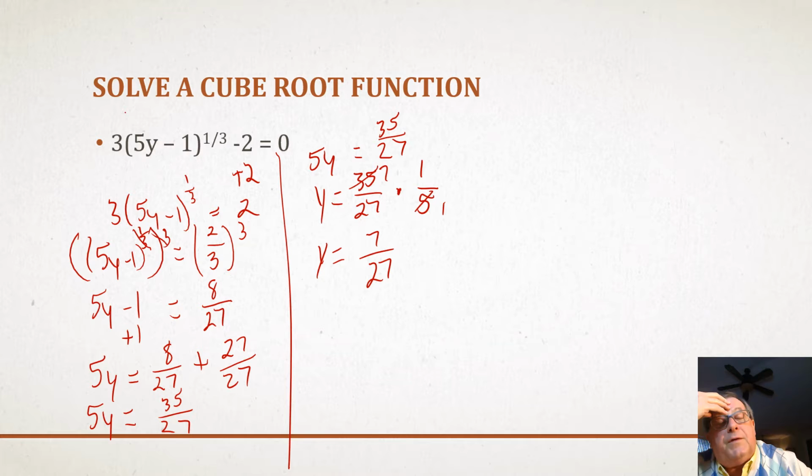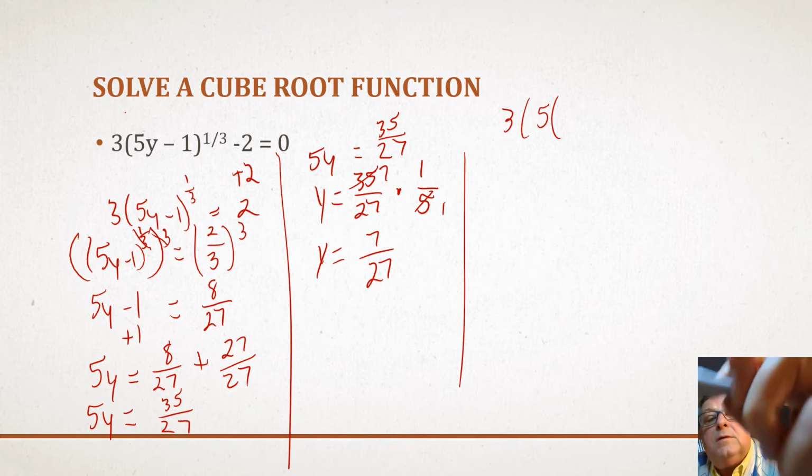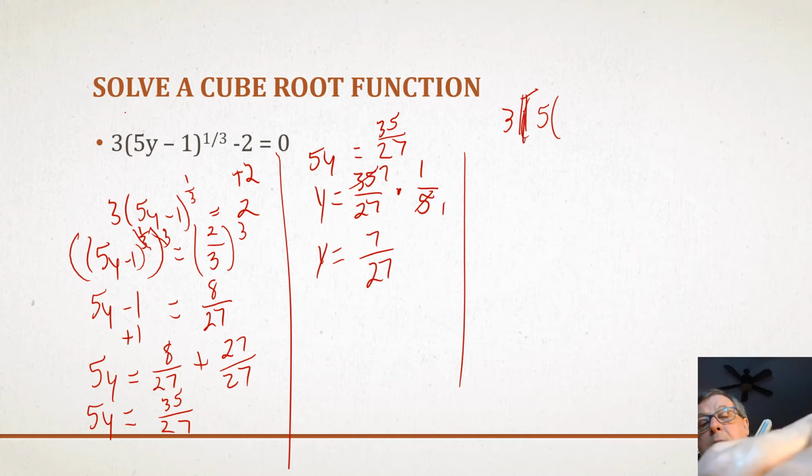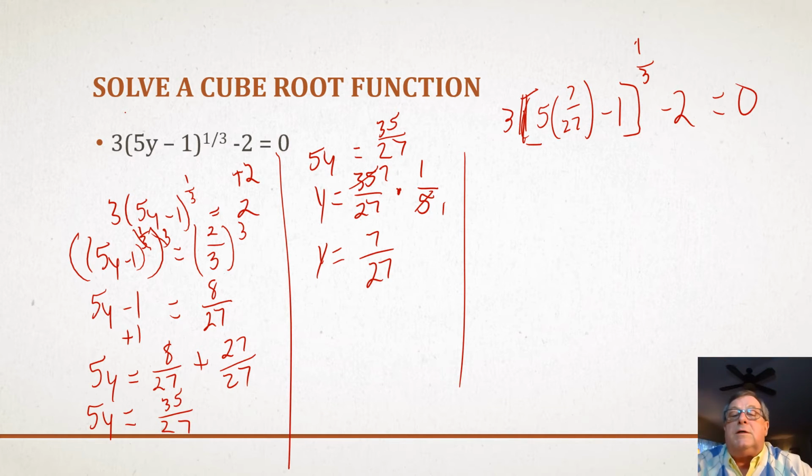But you know what? I need to prove this. I need to substitute that back in. Getting to this point wasn't that bad. When I look at putting in 7 over 27 for y, that looks interesting. So let's try that. Now I got 3 times the cube root of 5 times, let's make that a bracket, 7 over 27 minus 1, minus 2, and I hope that's going to end up equaling 0.